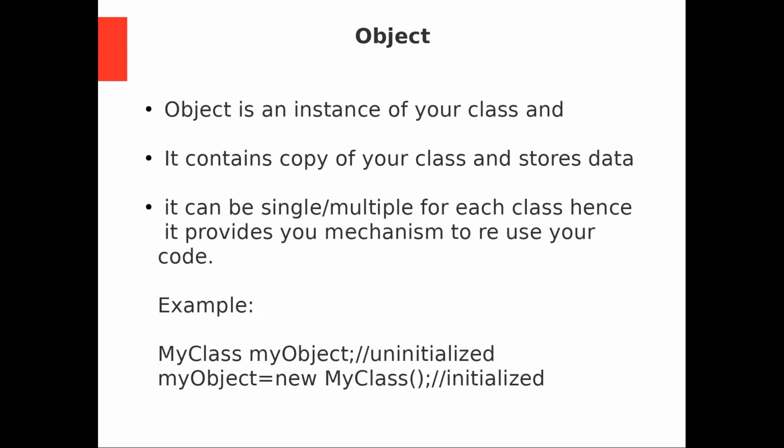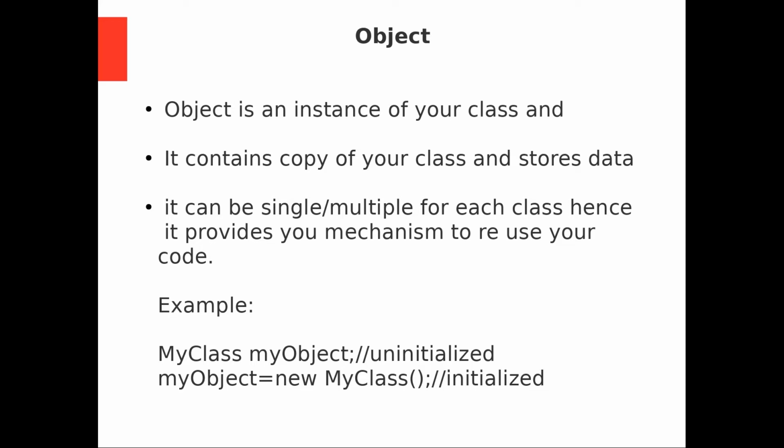After that, when we use the new keyword and call the class name, as we can see in the second line, myObject equals new MyClass, and now this is initialized. After initializing your object, you can call your methods, you can call your variables, print them out, etc. So always remember to initialize your objects first before calling your code. That's a little thing to keep in mind.